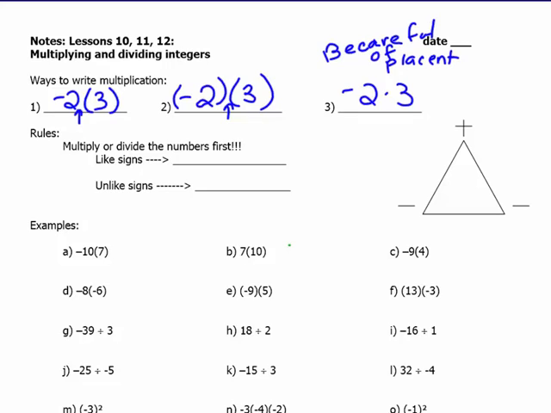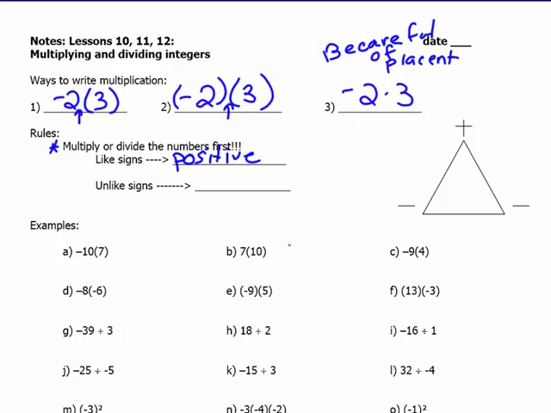All right, so let's talk about our rules. So the first thing we do is we actually multiply or divide the numbers. So there's none of this, am I adding, am I subtracting, am I changing it into addition. Multiply or divide the way it says. Then we worry about the sign. If the signs are like or the same, your answer is always going to be positive.